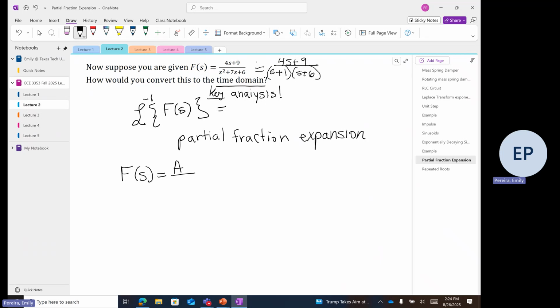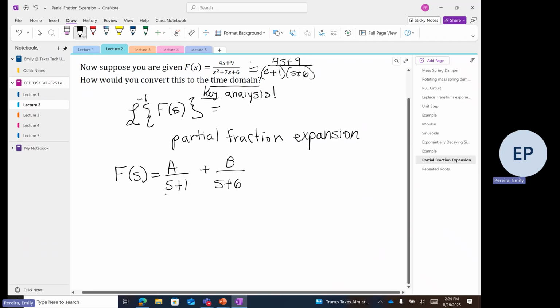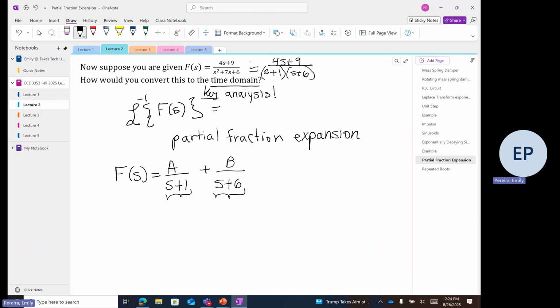So we can begin to write our partial fraction expansion as some term A divided by (s + 1) plus some term B over (s + 6). Having these in the denominator is helpful because we know how to take their inverse Laplace transforms. Okay, so the question is, how do we get A and B?